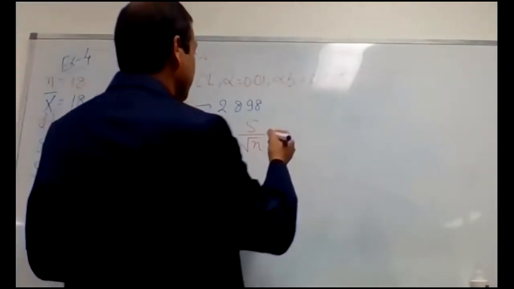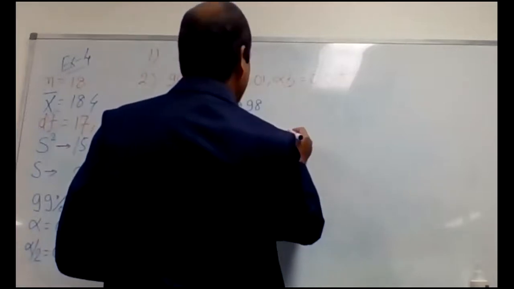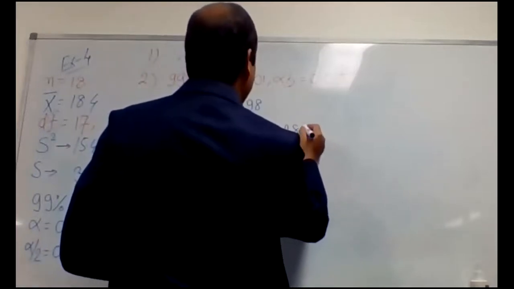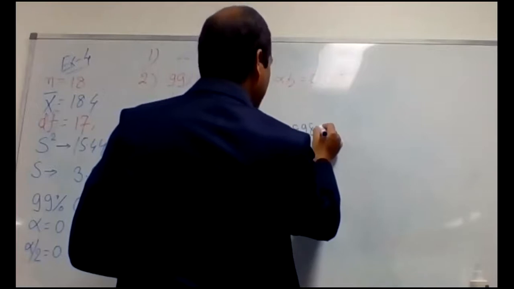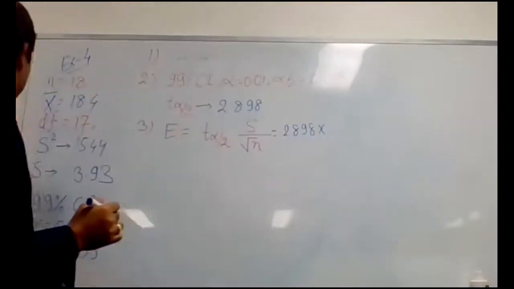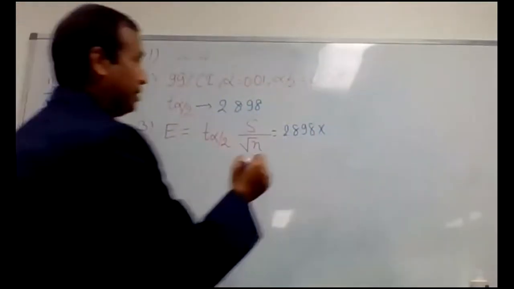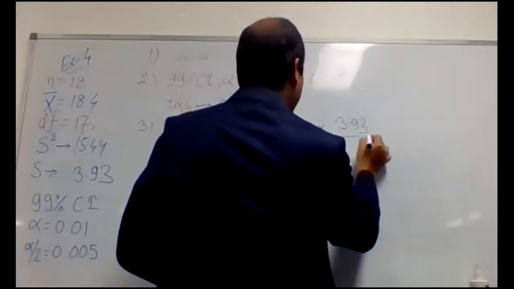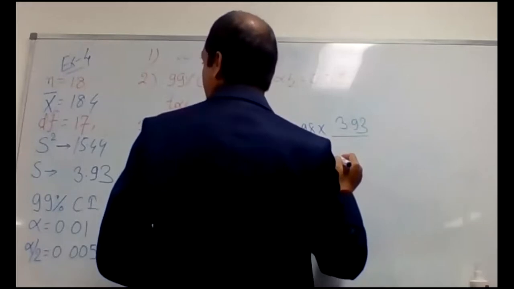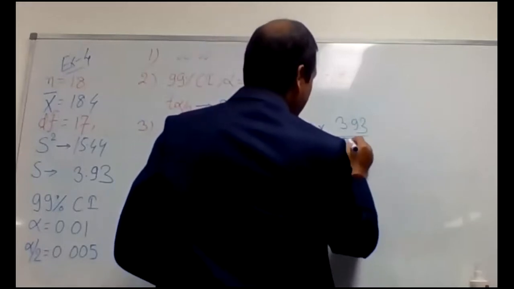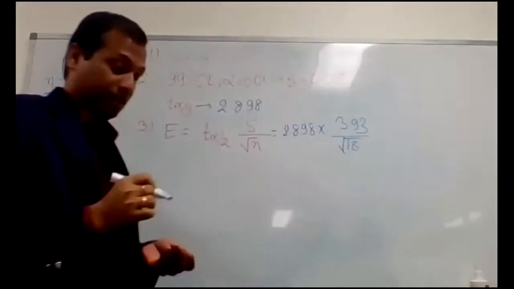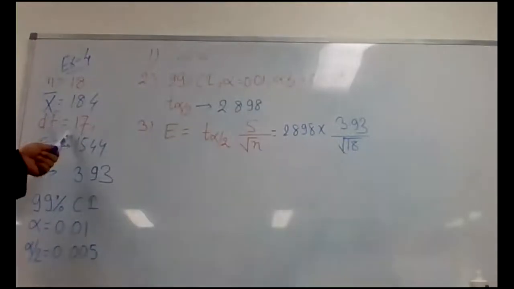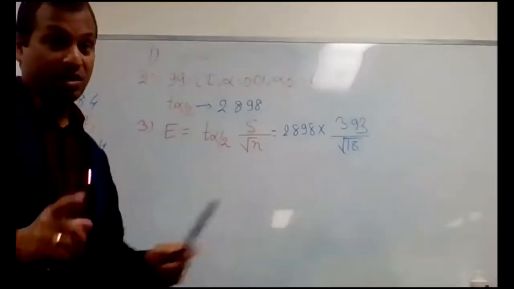T alpha by 2, how much is it? We got T alpha by 2, 2.898, into capital S. Capital S is 3.93. Divide by root square of n. N value is 18. Remember, it's 18, not 17. Degree of freedom is 17, but n value is 18.